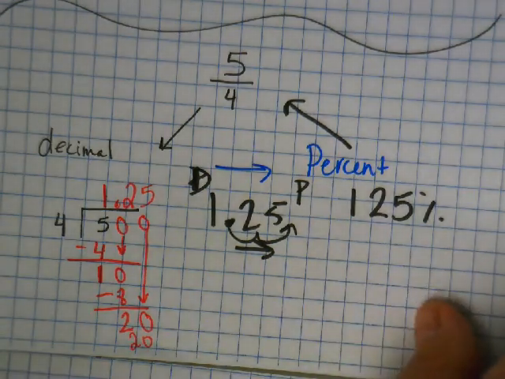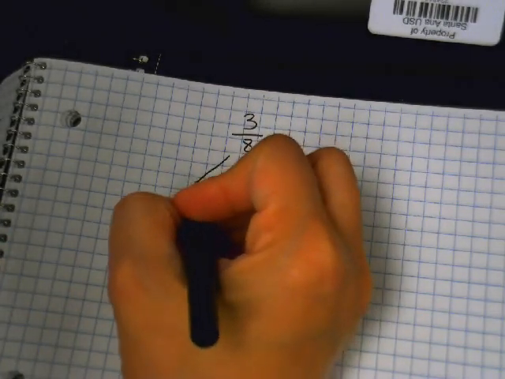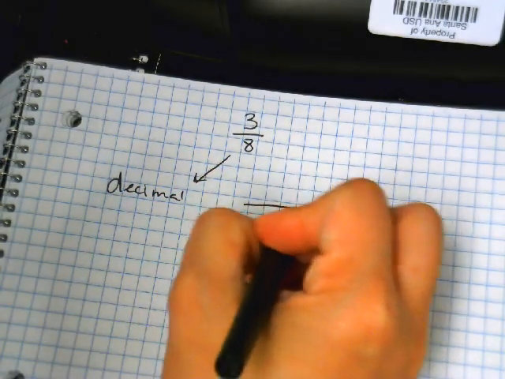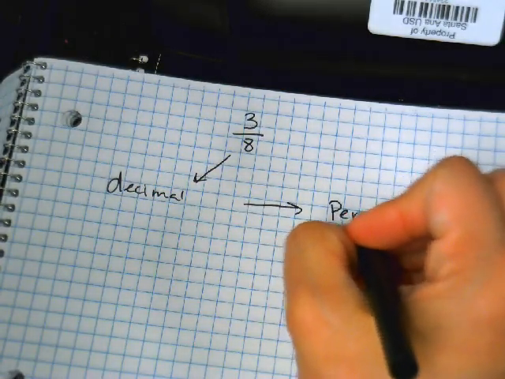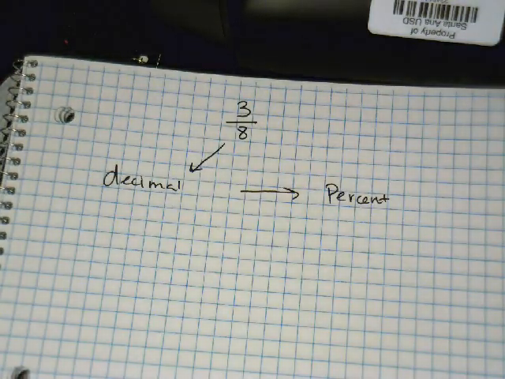Okay, here's your next fraction. Ready? 3 over 8. Tell me the decimal and tell me the percent of 3 over 8. You don't have to turn the page if you have room.